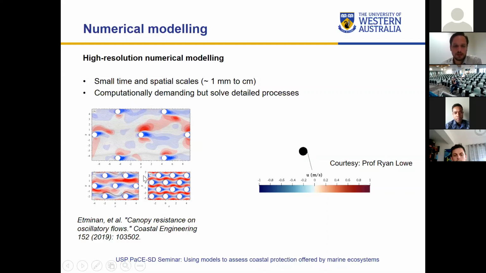Or the maximum velocity, so there's the velocities going through the canopy that the model calculates, and this is also without any calibration. So this is just with cylinders, but you could easily put more complex shapes also in these models, and then get information on the velocities on a very detailed scale.